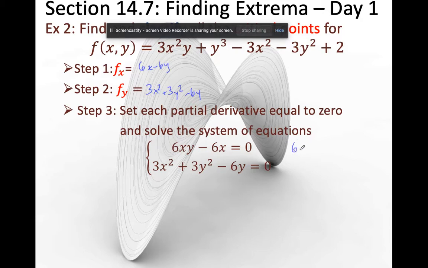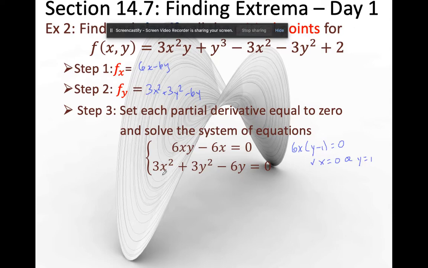Going to try to solve them simultaneously. So I'm going to look at the first one, pull a 6x out. When x is equal to 0 or y is equal to 1, that makes the first equation equal to 0. So I'm going to take each one of these and put it into the second equation and see at that x what y's create the second equation to be 0.